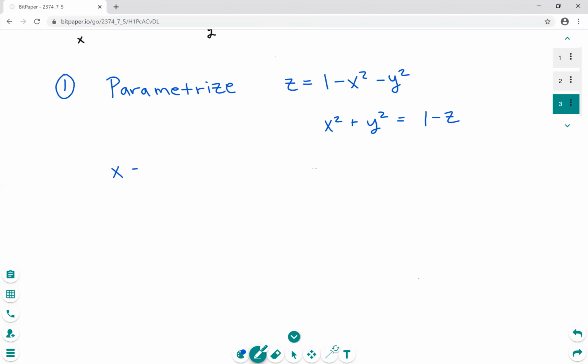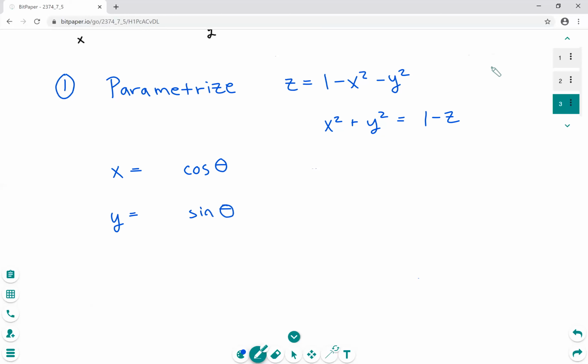So if I'm thinking of this like a circle, then I want x and y to be cosine and sine theta times the radius. So x is cosine theta and y is sine theta.